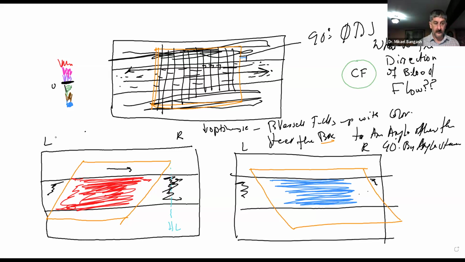Whereas over here, this would be the home line, and we have a color of the negative side within the blood vessel. Since it's negative, that means it flows away from the home line. Did you guys get that?